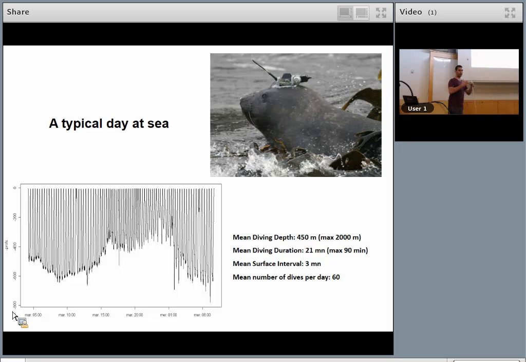And so instead of going at sea and unrolling the cable, or even having a profiling float with a mechanical part that makes it change depth, here we're just using the elephant seals to carry the instruments.